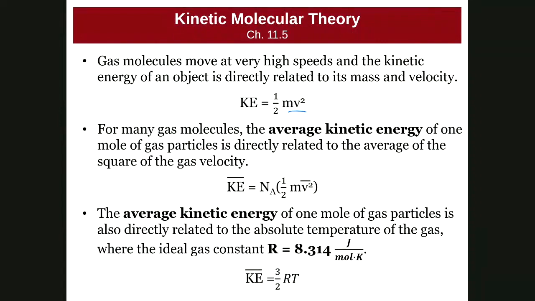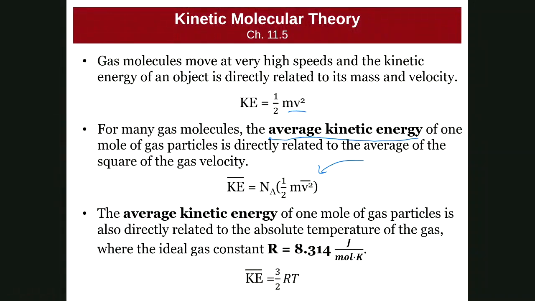When you have a whole bunch of gas molecules in a container, the average kinetic energy of those gas molecules is directly related to the average of the velocity, because all of those gas molecules, regardless of how fast they're moving, have the same mass if they're the same gas molecules. So we're going to look at the change in velocity.